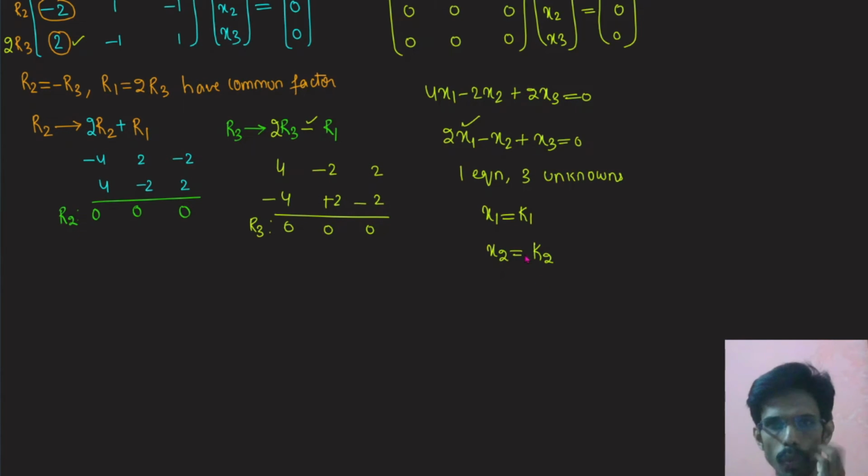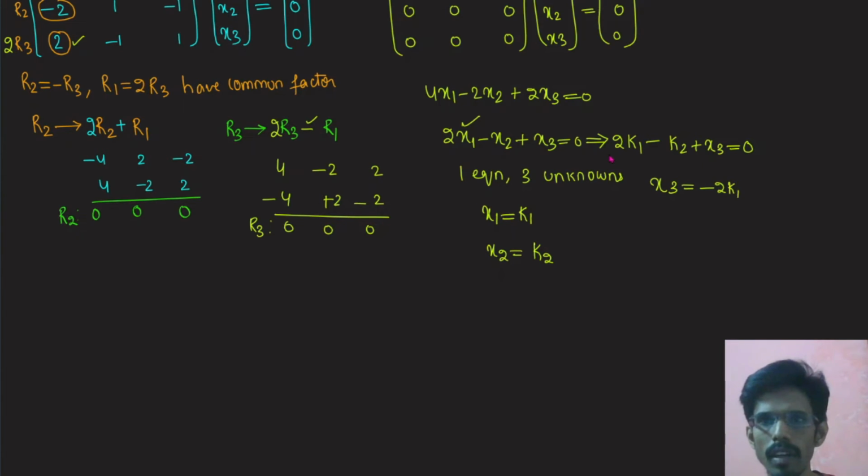Now put this x1, x2 in this equation. So this equation 1 will now become 2 into x1, which is k1, minus x2, whose value is k2, plus x3 is equal to 0. Now this x3 can be written as minus 2k1 plus k2. So I'll write down here x3 is equal to minus 2k1 plus k2.